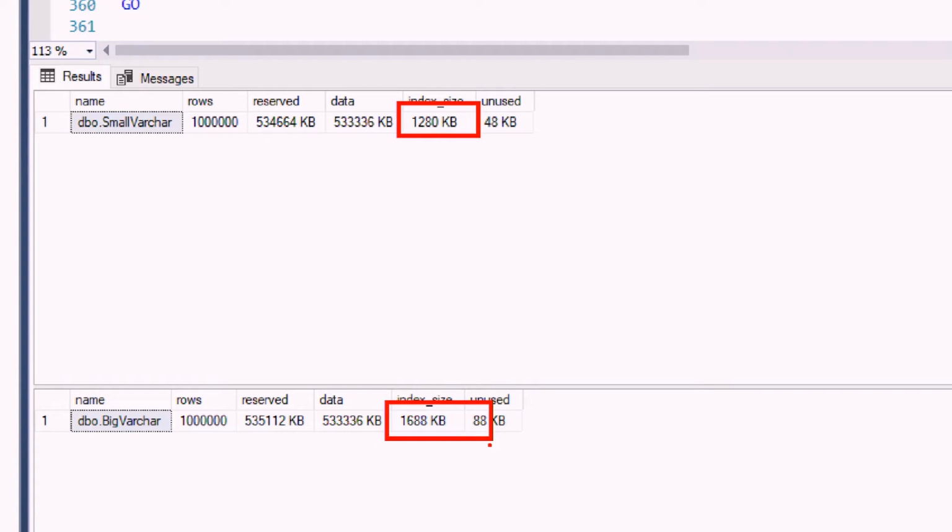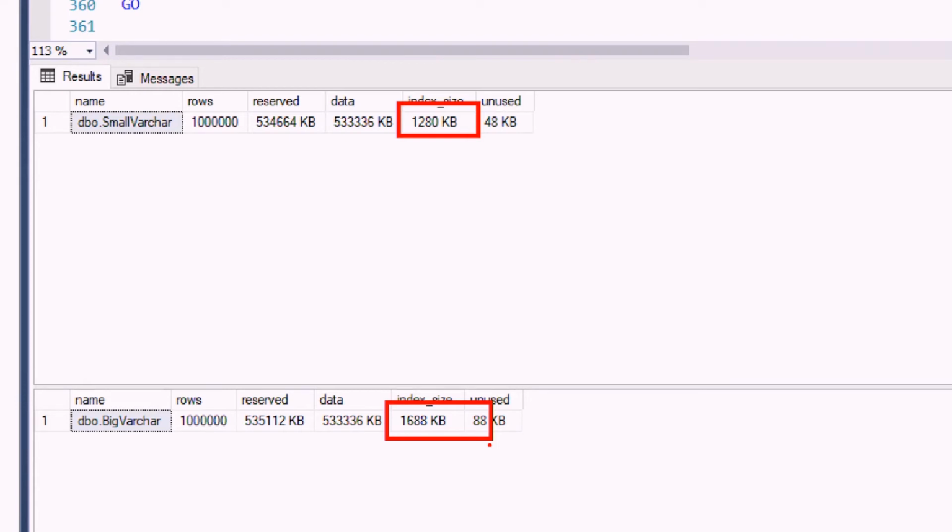Because when it fills in the non-leaf rows of an index, it considers the capacity of a varchar or character and will expand or contract how many rows go into those non-leaf levels based on that size. End result is we have 50% or thereabouts more space used in the non-leaf level.